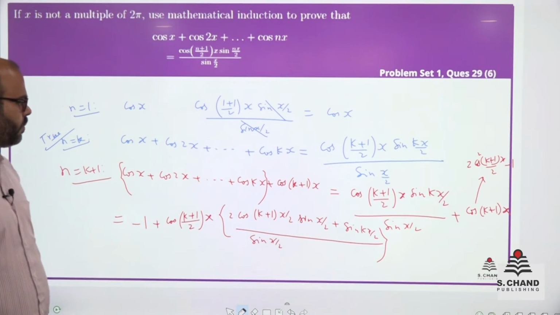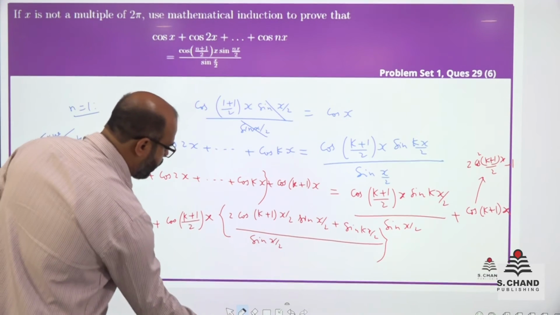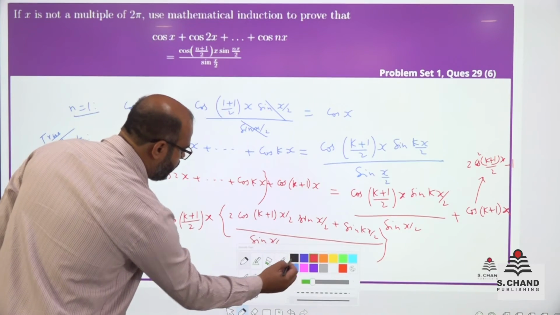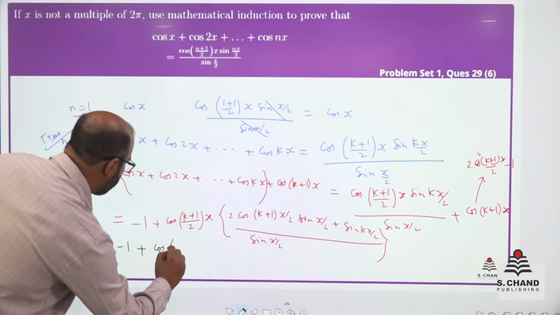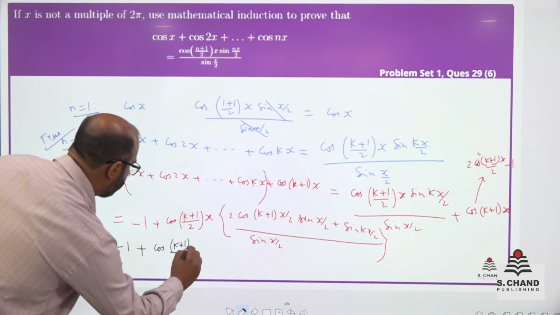This is what we have got. Now, from here, this is minus 1 plus cos (k+1)/2 x.